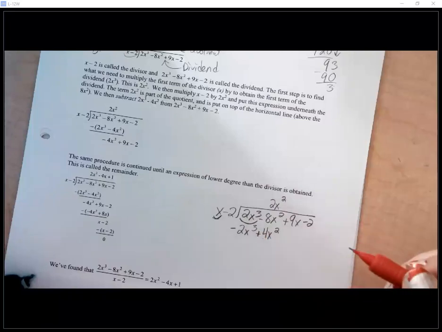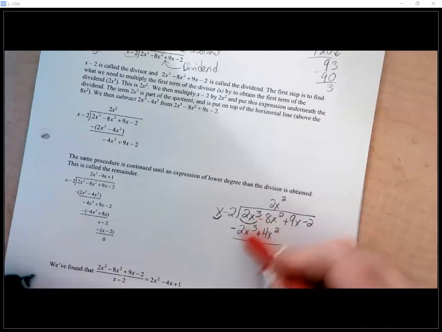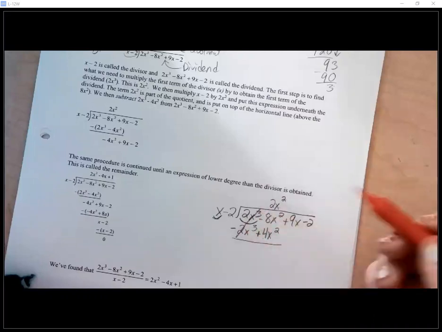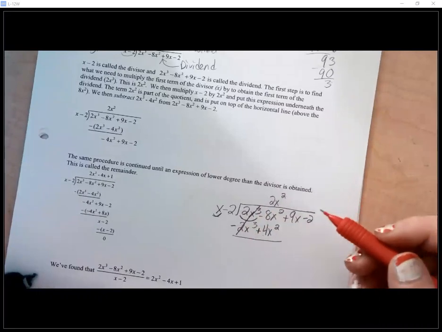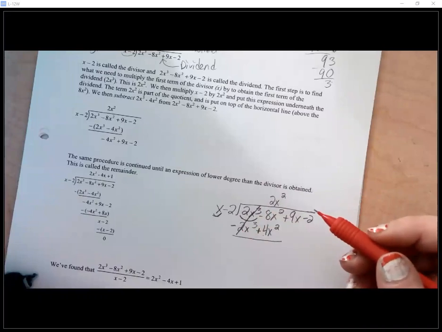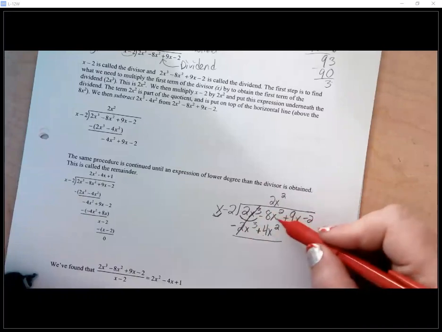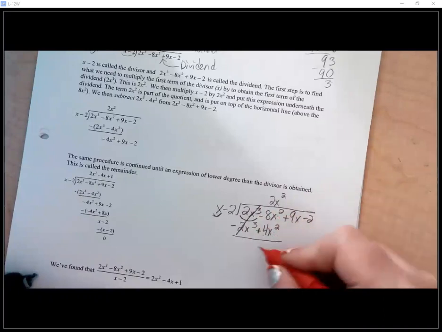Do you see that? When you subtract that whole line, now look, this first term should always cancel out. That's math looking out for you and saying, yep, you're doing it right. Keep going. You're doing great. Now over here, I have a negative x squared, 8x squared plus a 4x squared is a negative 4x squared.